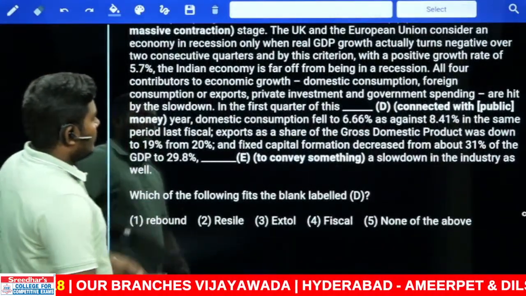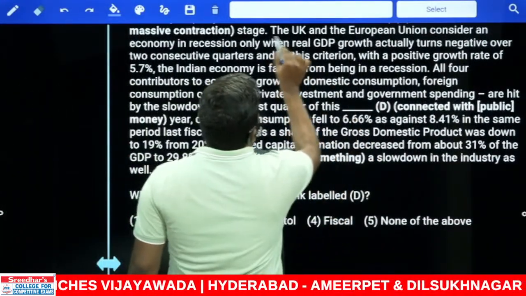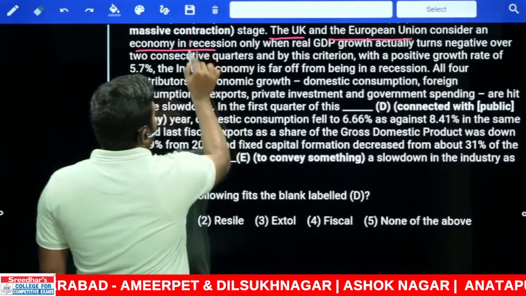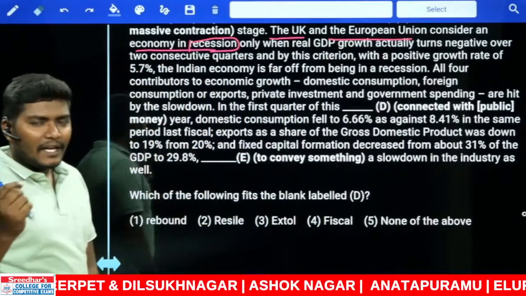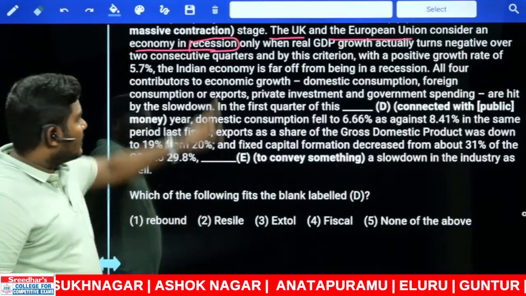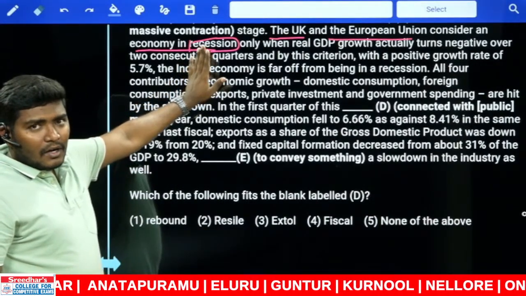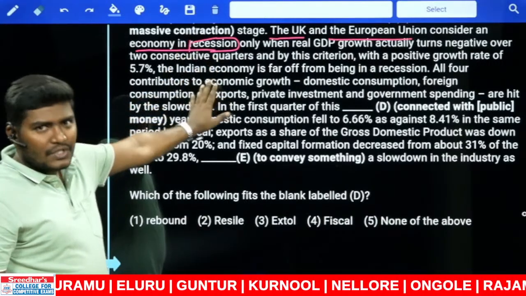Okay, let us go from here. Look at this. The UK and the European Union consider an economy in recession. See, we already got this. If we read carefully, we can get the answer. This is the word that gives us confidence that the previous one was the recessionary word only.